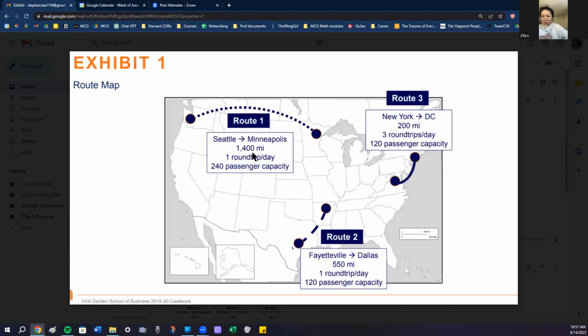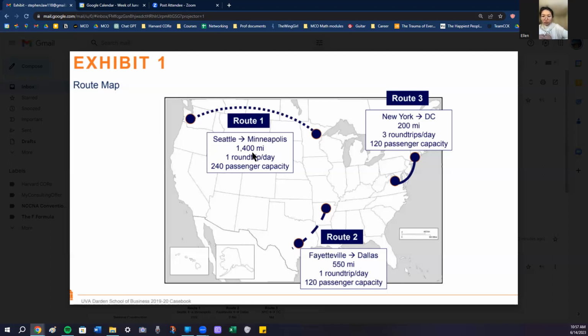So you're calculating the route 2 ASM. Yeah, the route 2 ASM is 144,000. Is that the ASM for route 2? I mean, that's not very close.